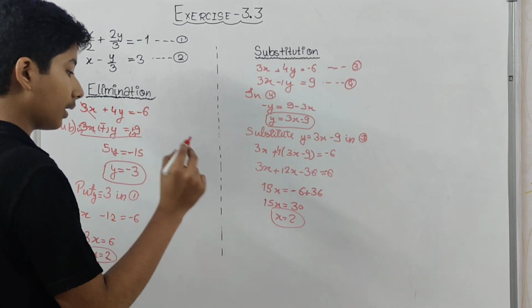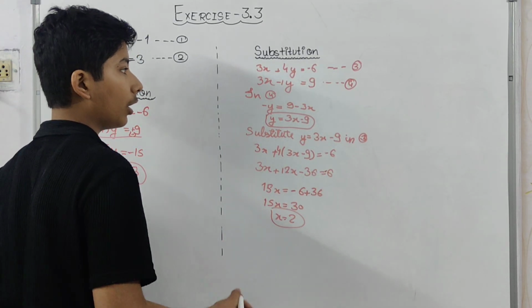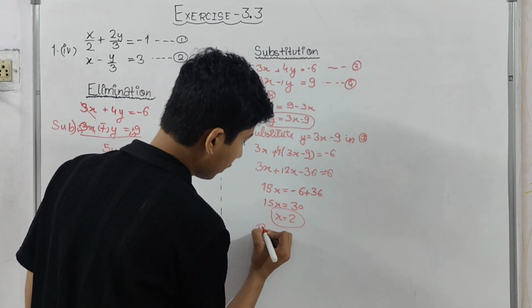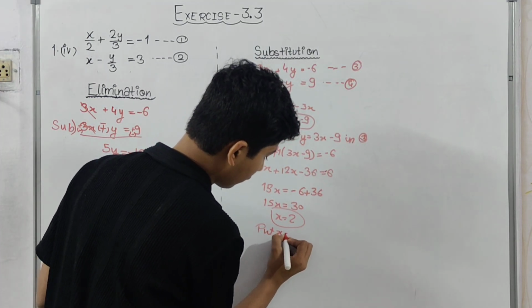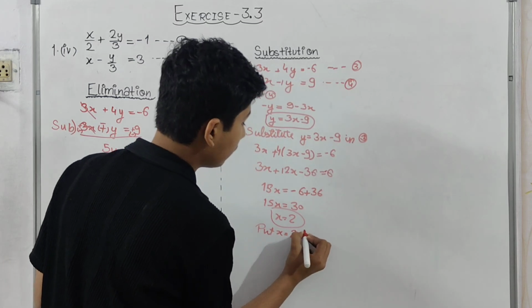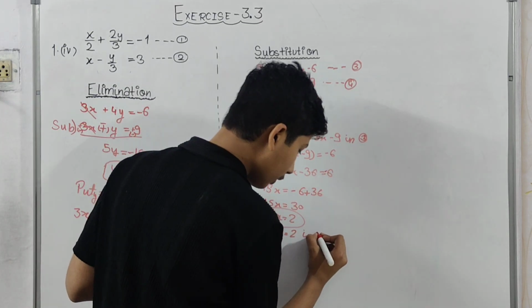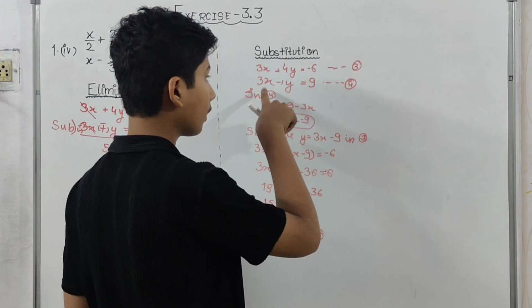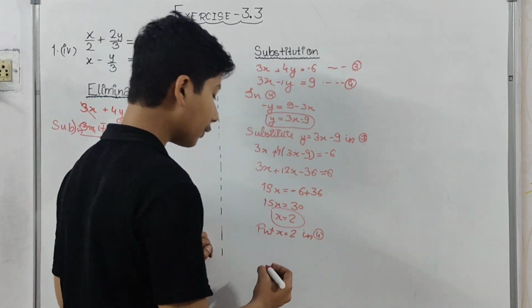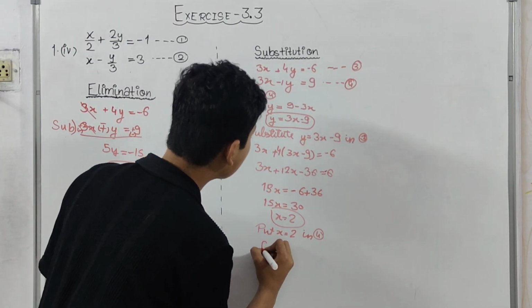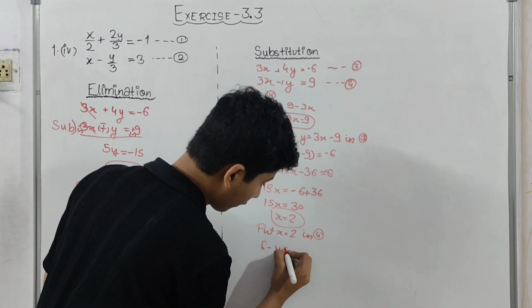Here y is minus 3, so we'll calculate y also. So put x equals 2 in the fourth equation. If you put x equals 2 in 4, you will get 2 threes are 6 minus y equals 9.